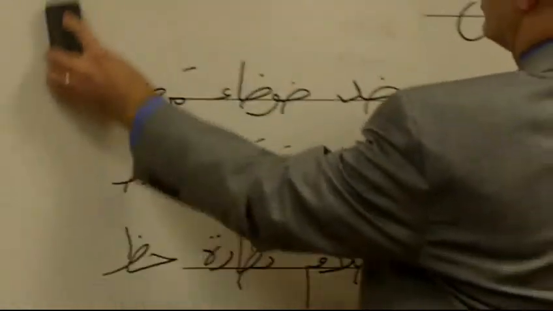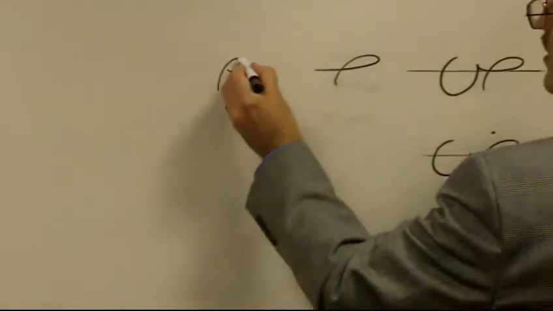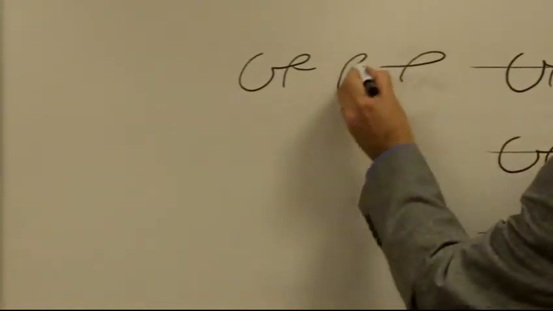Now I want to show you how these letters look in the beginning, in the middle, and the end of the word without writing any words. So this is the sa in the beginning. This is at the end, and this is in the middle of the word.